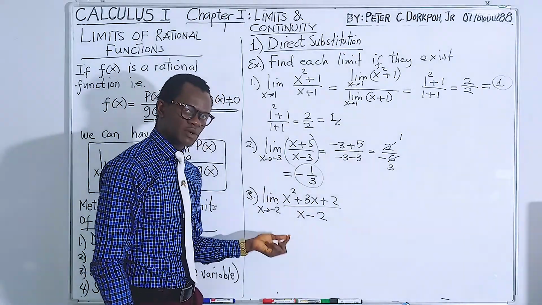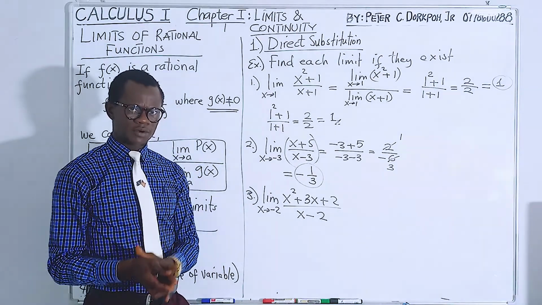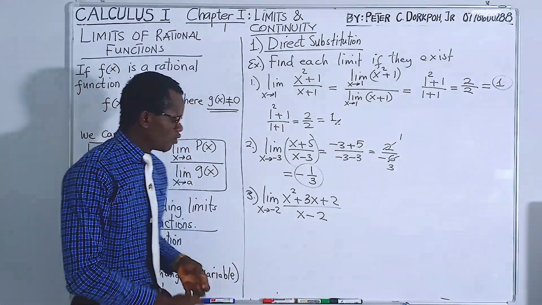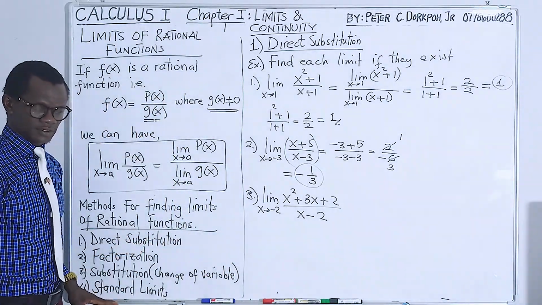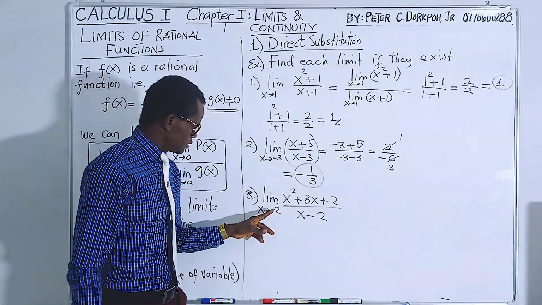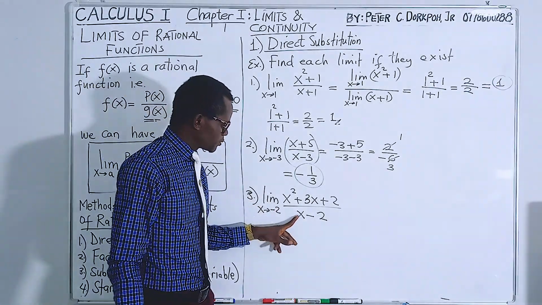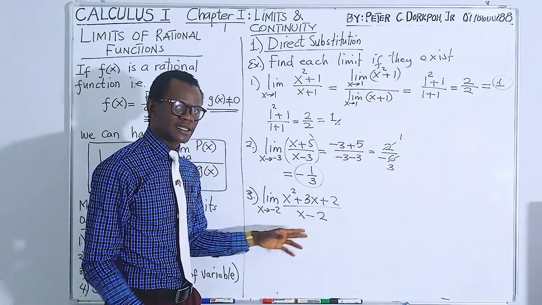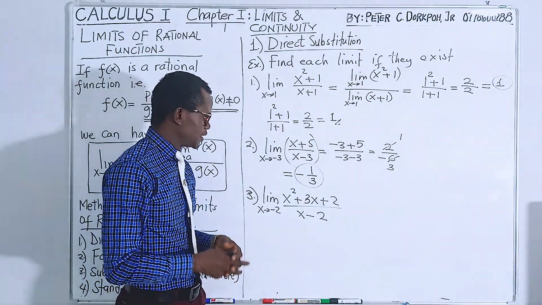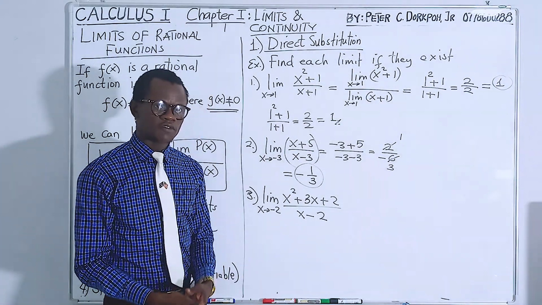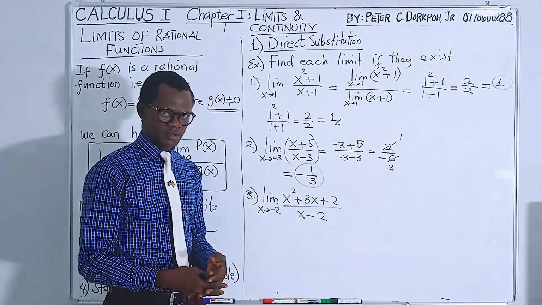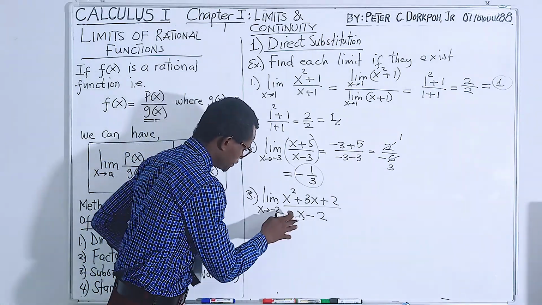If testing within the denominator gives you 0, then you think of how you can use other methods. But if direct substitution within the denominator did not give you 0, it means that limit can be solved using the direct substitution method. So let's test in this denominator.